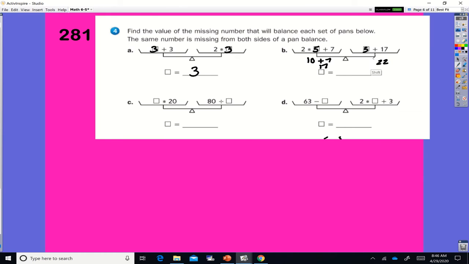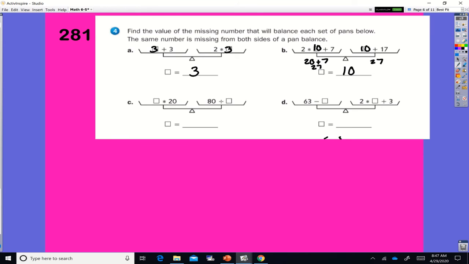Now this side is a lot more than this side, so we're going to have to try a quite bigger number to make them more equal. So I'm actually going to go with 10 here. If I put 10 in here, 2 times 10 is 20, plus 7 is 27. 10 plus 17 also gives me 27, so in the blank it's going to be 10. So we're finding a number that on both sides the same number goes in.